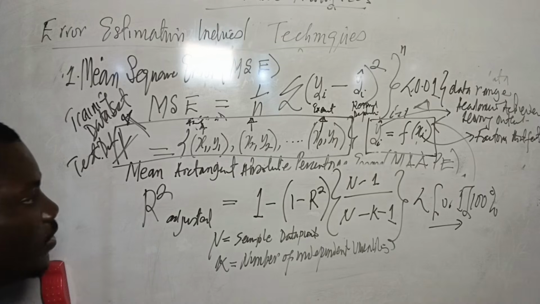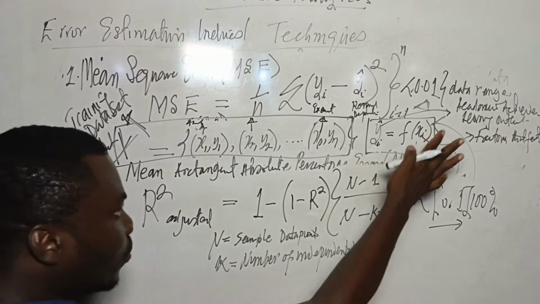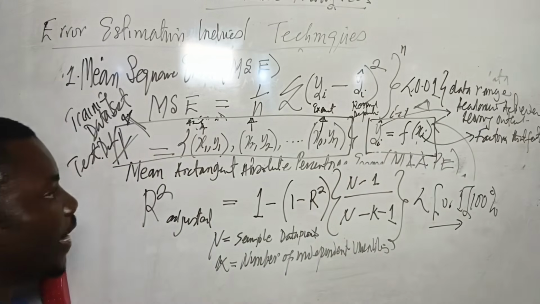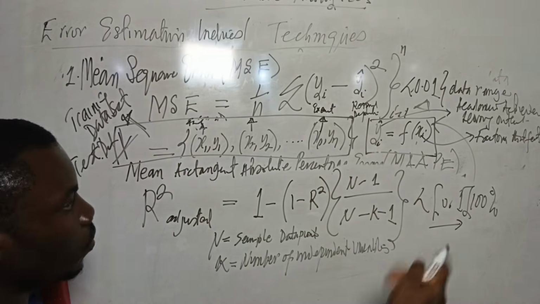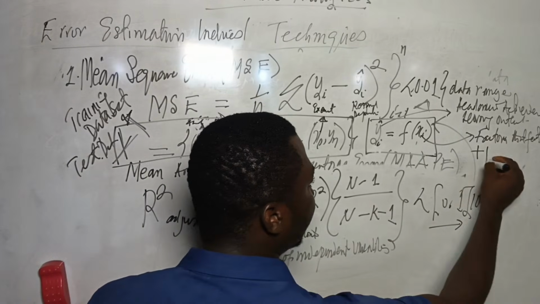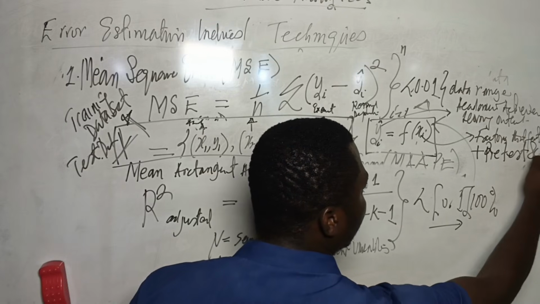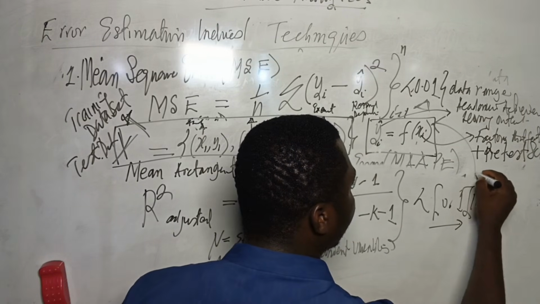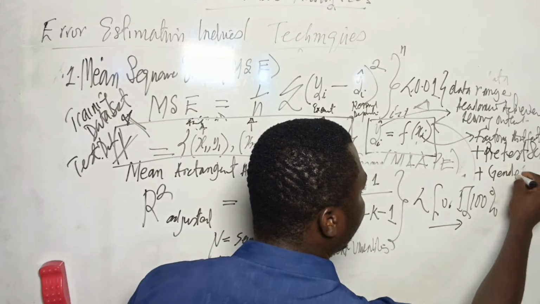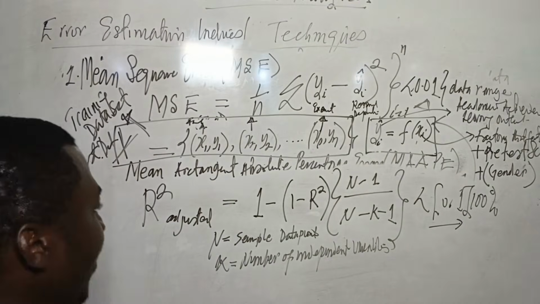And then you decide to adjust those independent variables by adding one or two hierarchically, by adding maybe pre-test scores, or by adding maybe another concept or another construct like gender effects to see the sensitivity of that model.